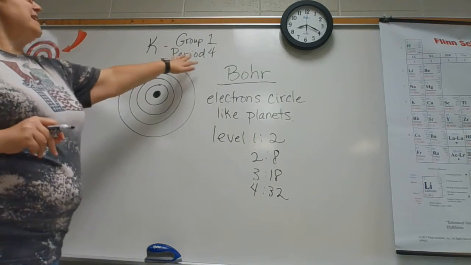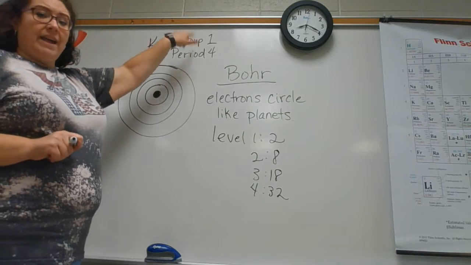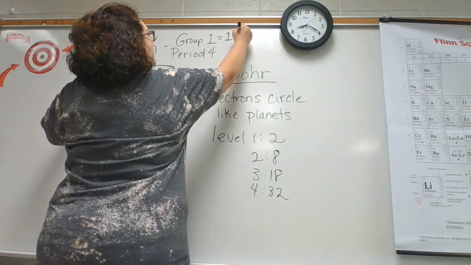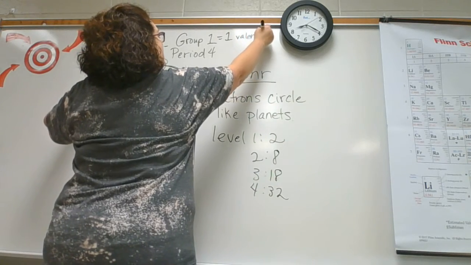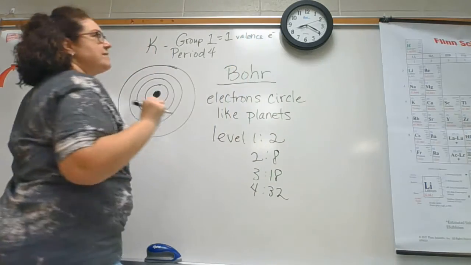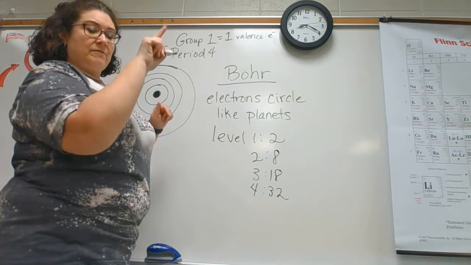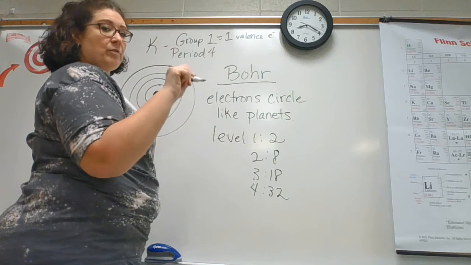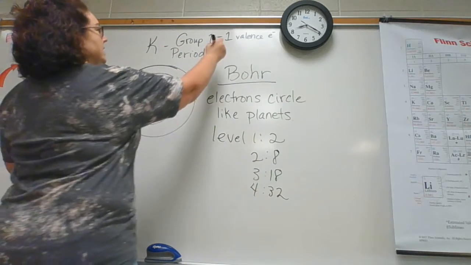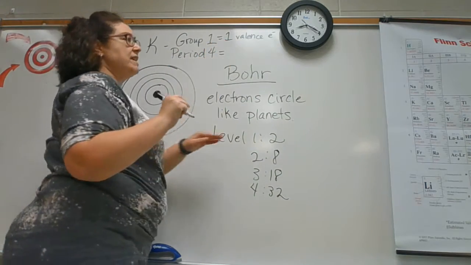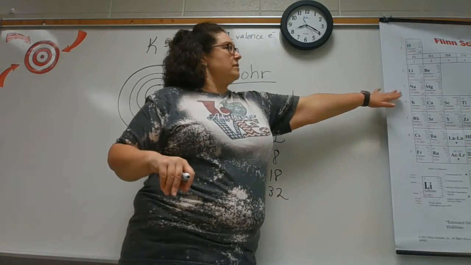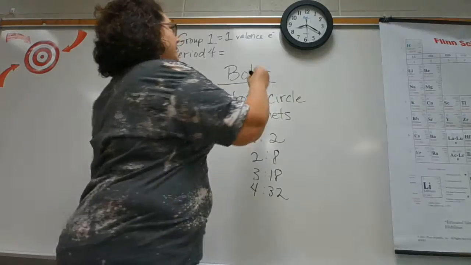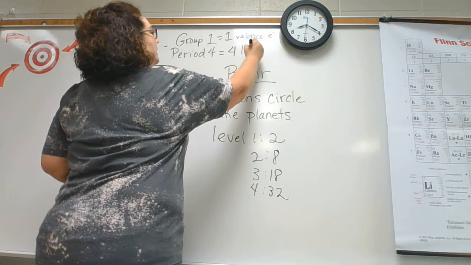So, what this means is that it's going to have one valence electron, and I'll abbreviate that E with a negative beside it because that is the way you abbreviate an electron since they're negative. And since it's in period 4, which is right here on the periodic table, you're going to have 4 levels of electrons.